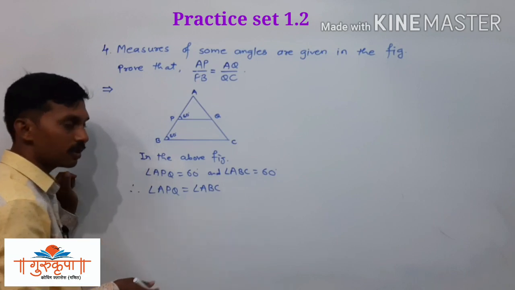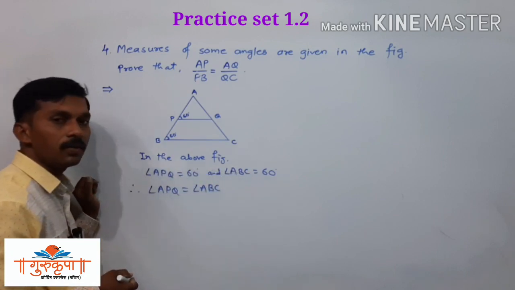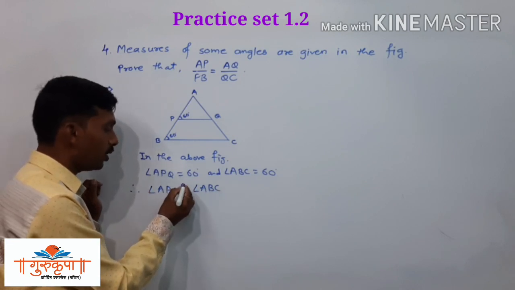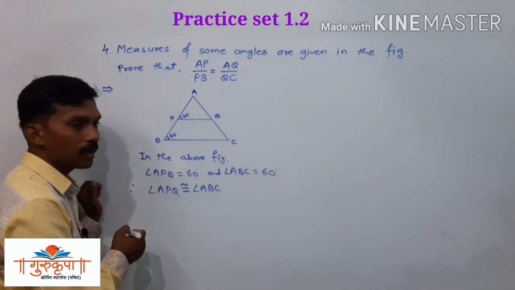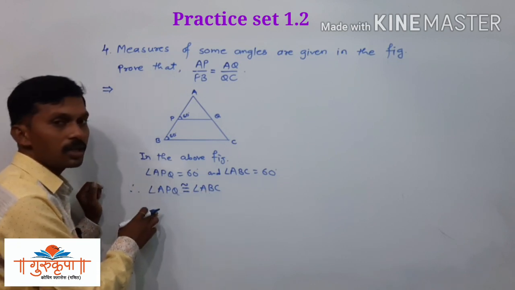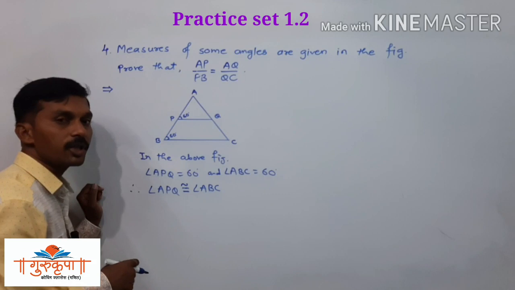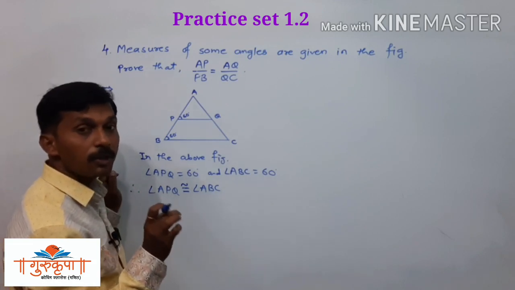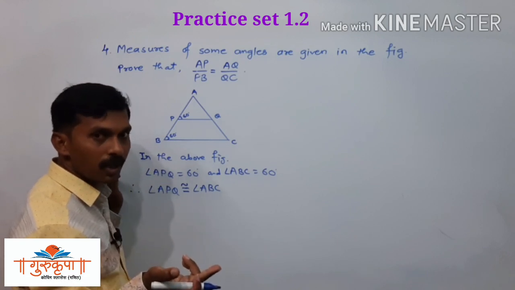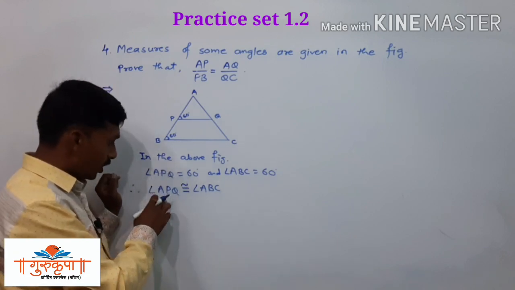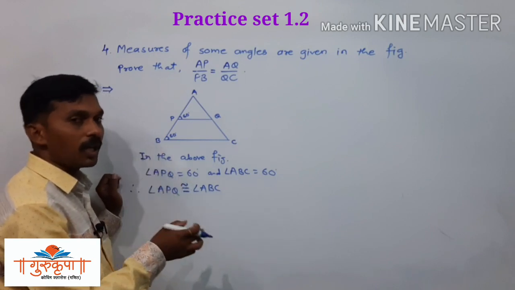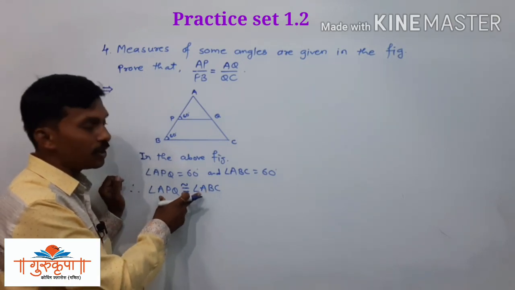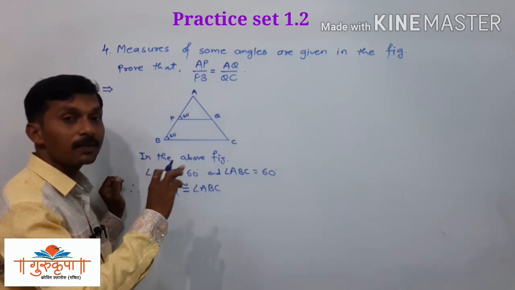That is the given information. Both the angles have equal measures, so they are equal to each other. Angle APQ is congruent to angle ABC, and these are the corresponding angles and they are congruent. And we know that if the two corresponding angles made by a transversal of two lines are congruent with each other, then those two lines are parallel to each other.